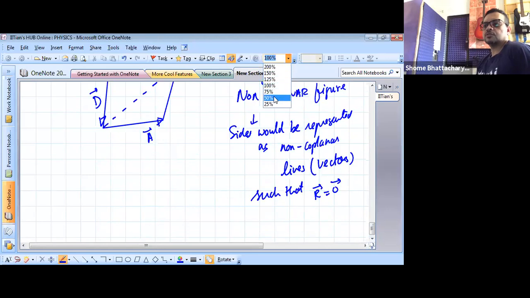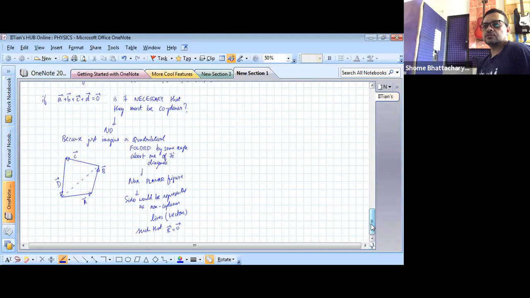So that's possible. So that is why non-coplanar vectors, 4 of them, can give you a resultant of 0. So it's not necessary. Okay.